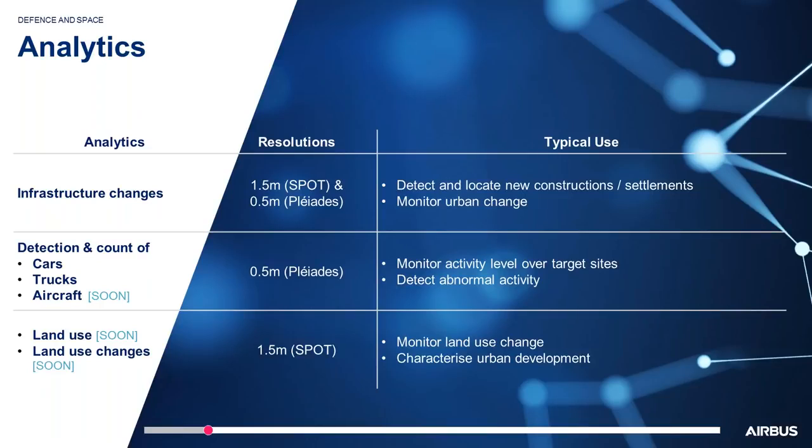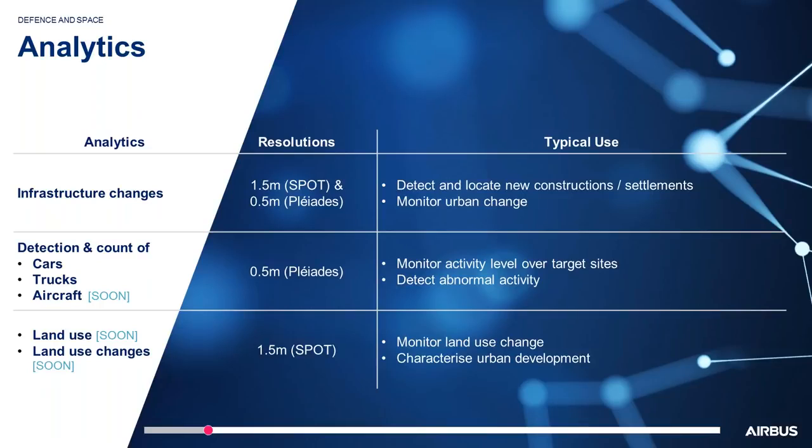Aircraft will be available in the next weeks and will be able to detect and count automatically the number of civil planes, military planes, or helicopters. Cars, trucks, and aircraft are based on 50 centimeter resolution images, and the typical use for this is to monitor activity level over target sites or detect abnormal activity.